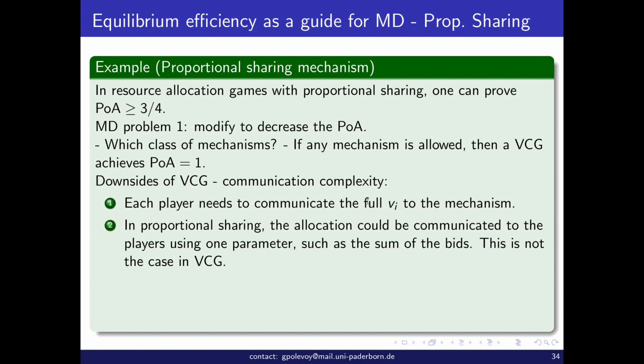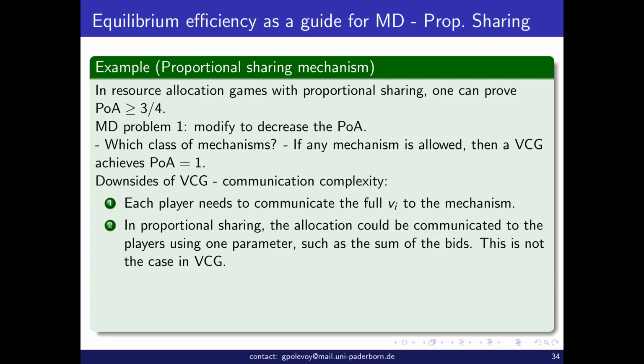If the capacity is not known, it can also be included: the capacity divided by the sum of the bids. Then the player obtains this number times her bid, and pays per bit. That's how the mechanism communicates to each player her decision. So one number to each player.